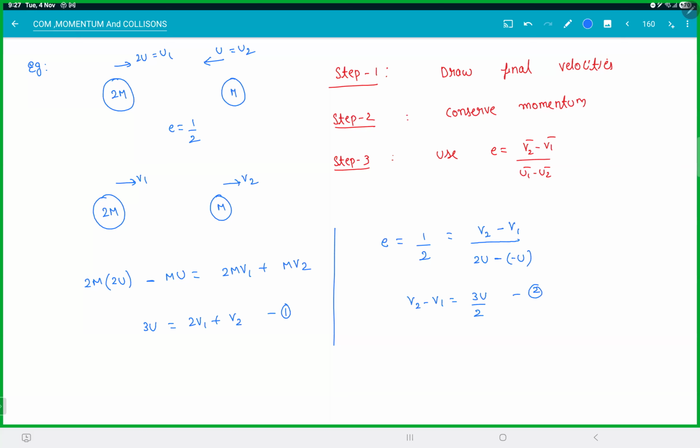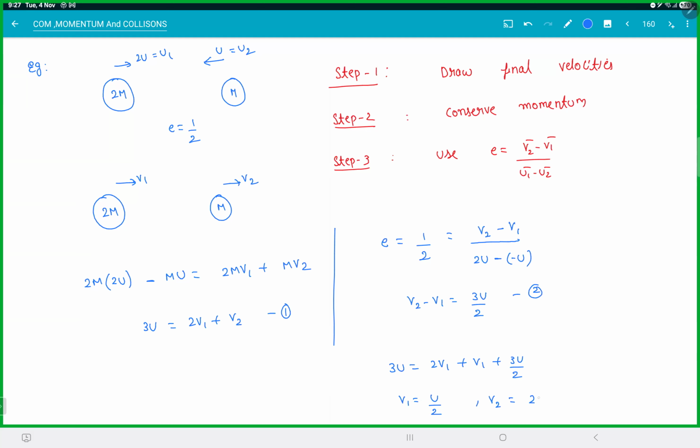You can take this and substitute there. If you substitute here, you will get 3u is equal to 2v1 plus v1 plus 3u by 2. That will become 3u by 2. So v1 will be u by 2.